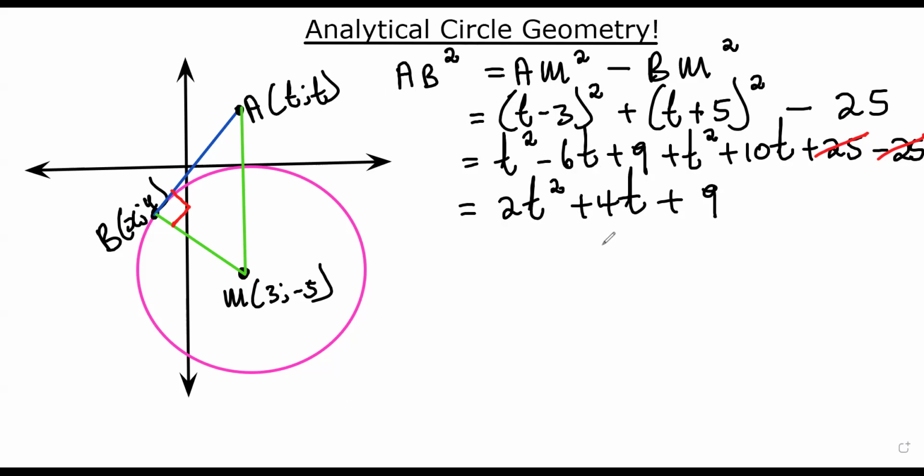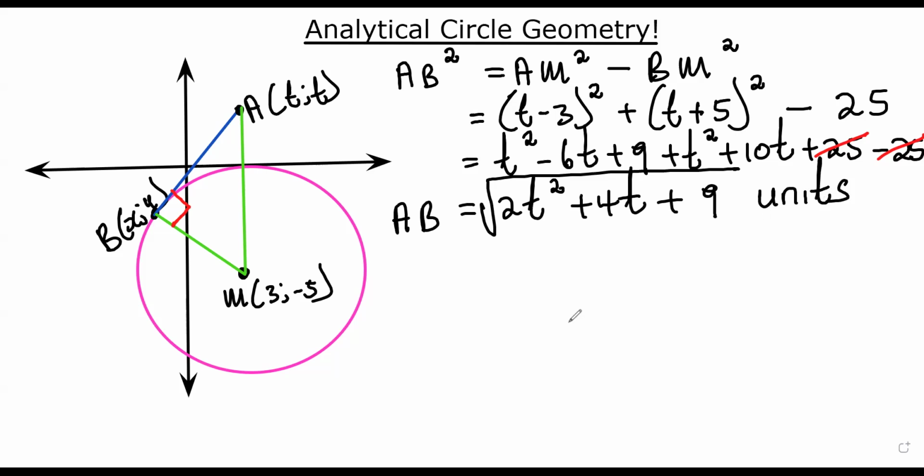It's AB squared. So in order for you to find AB, which is the length of the tangent, you are simply going to take the square root on both sides. And this is exactly what they asked you to show.